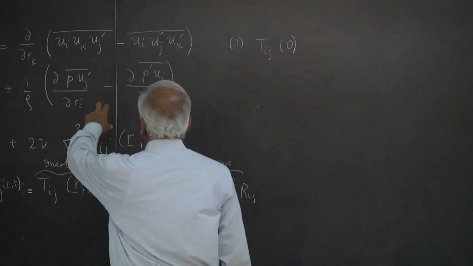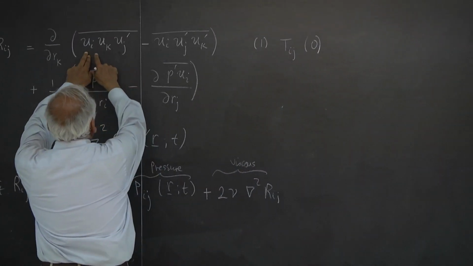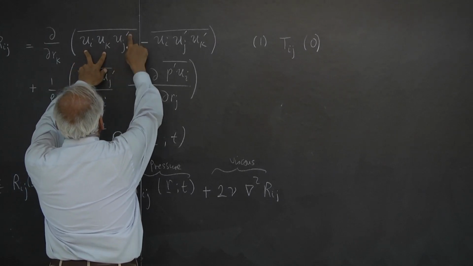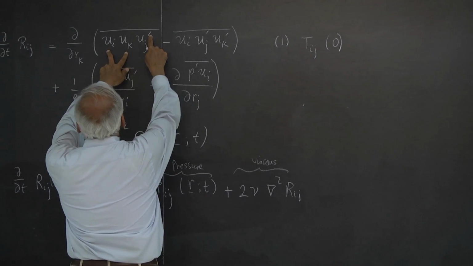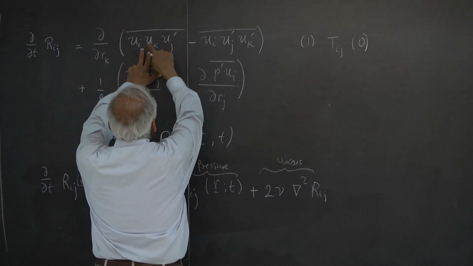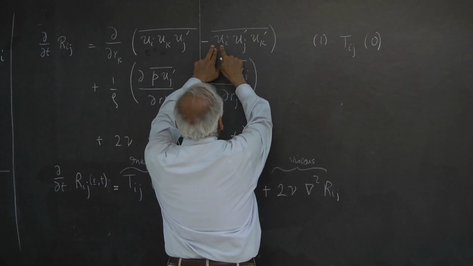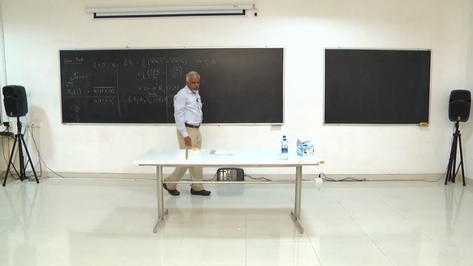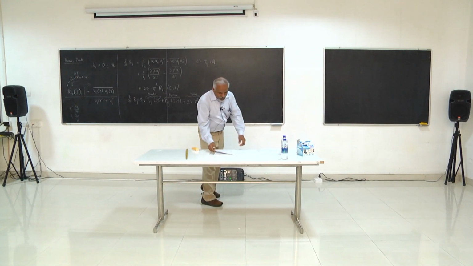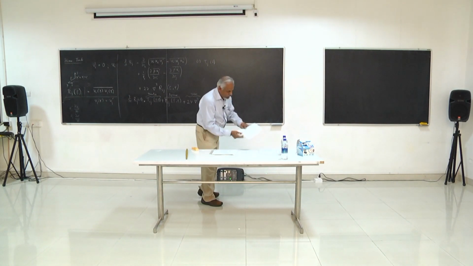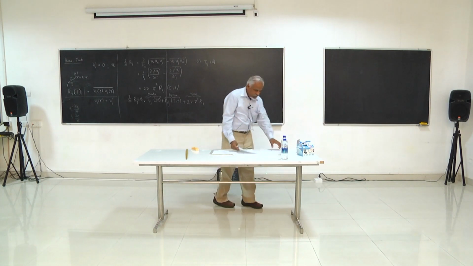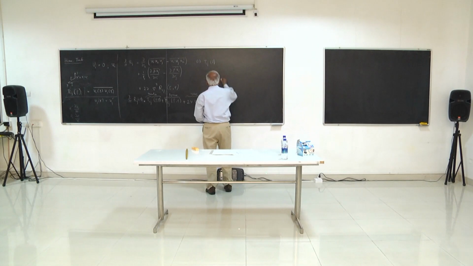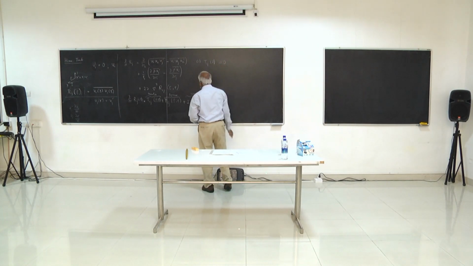You'll have u_i u_k u_j, because this dash will disappear because I'm measuring it at the same position, u_i u_k u_j, and here I have u_i u_j u_k, so that would be 0 always. So that has very profound implications. Here, this is equal to 0.